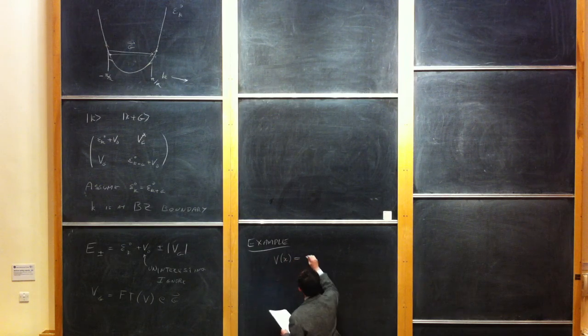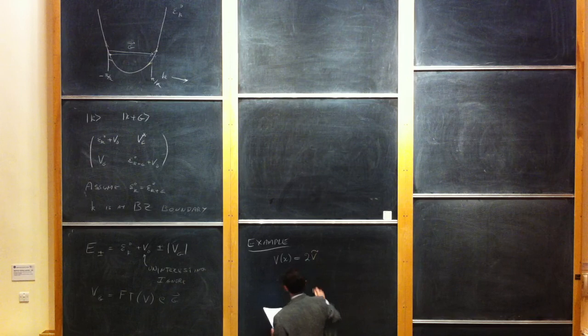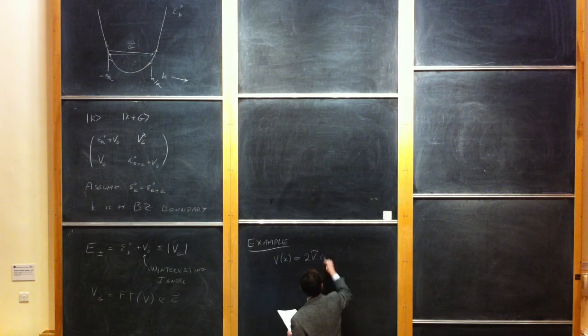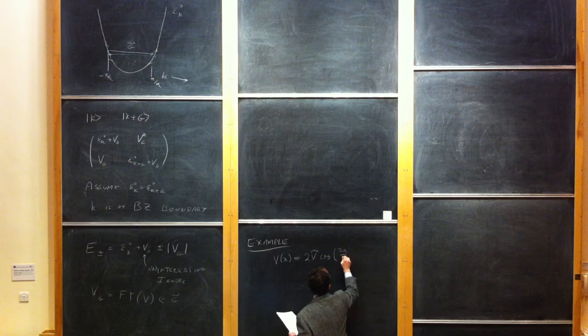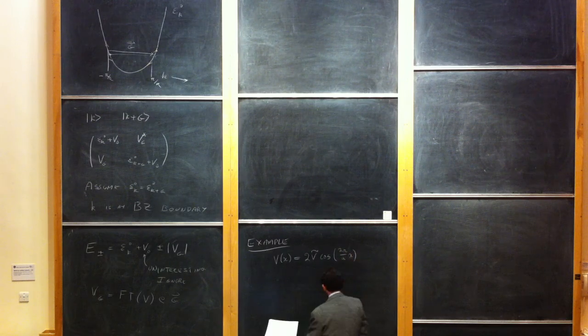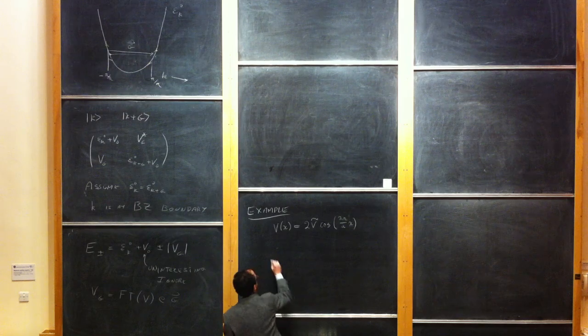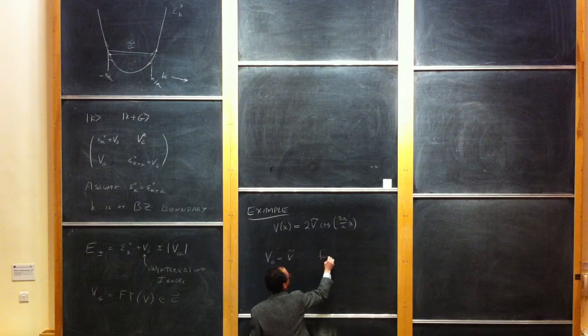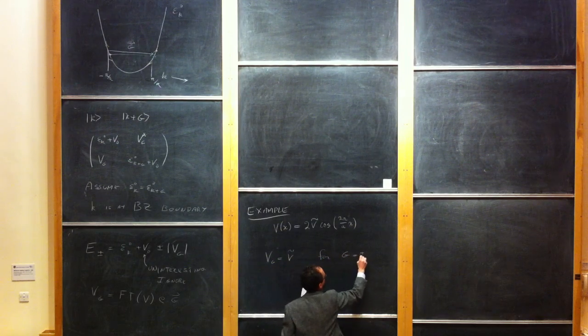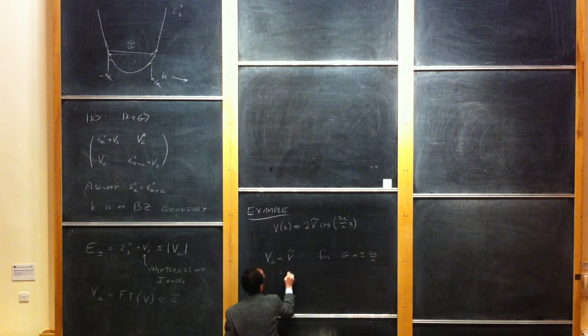V of x is 2 v tilde cosine of 2 pi over a times x. So the Fourier components of this potential are just V_G equals v tilde for G equals plus or minus 2 pi over a, and equals 0 otherwise.